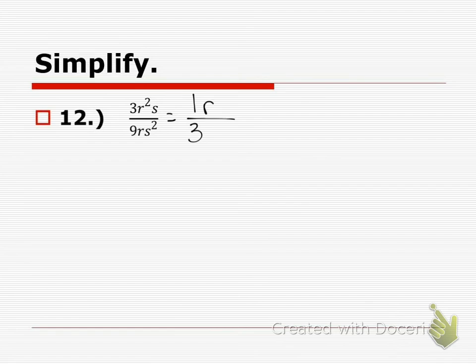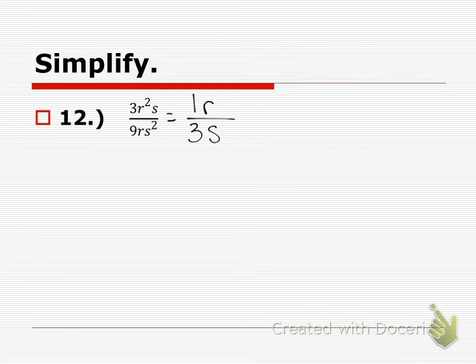For S, we've got 1 minus 2. We're going to have S to the, negative what? Negative 1, but we don't want it to be negative, so we're going to move it to the bottom to make it positive.